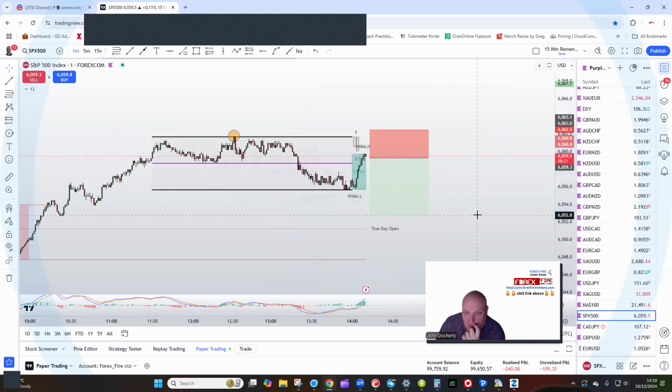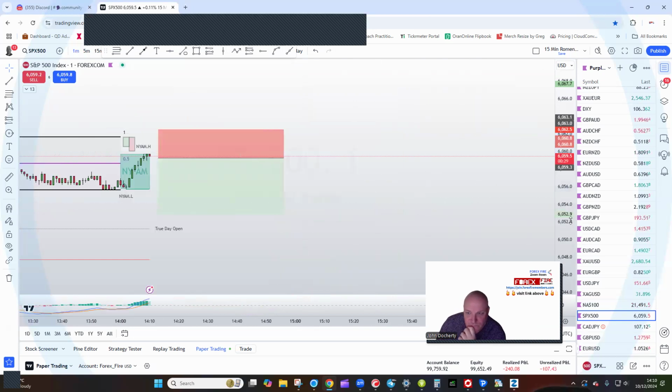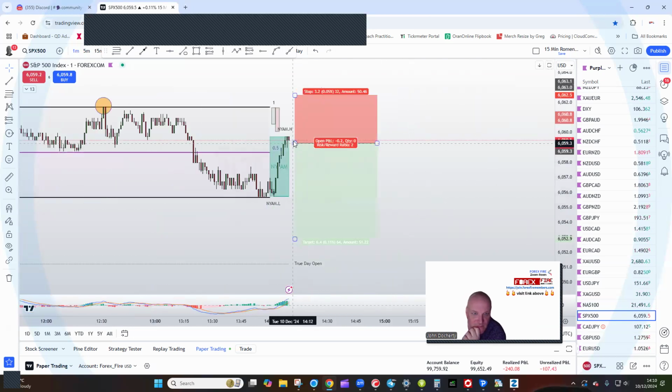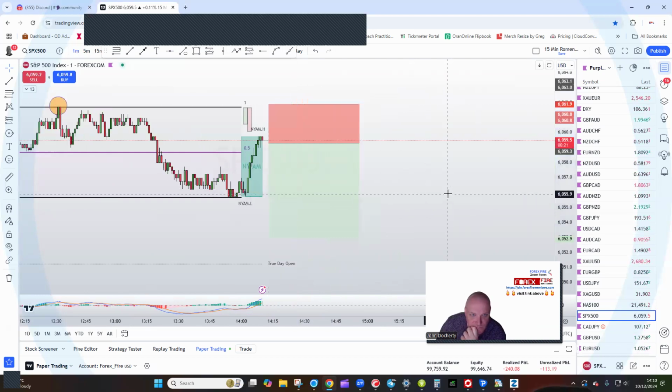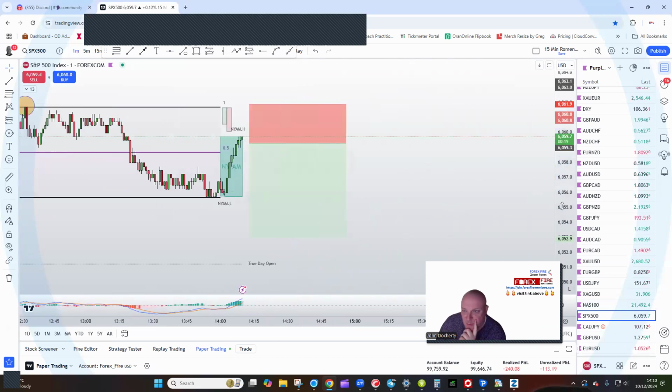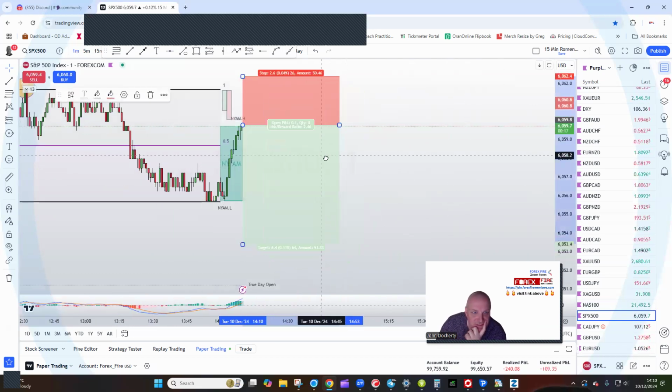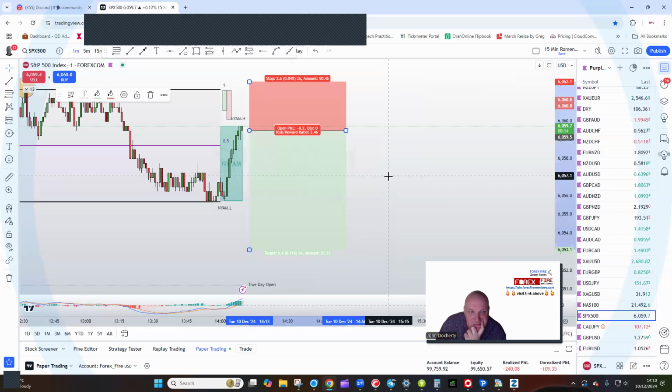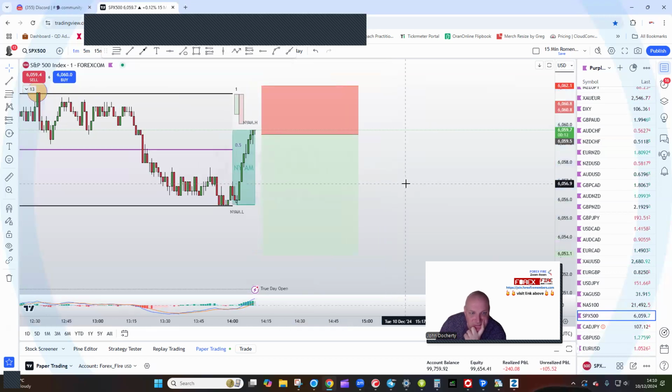Right, here we go. Bring this a bit further down. It's going to be bullish again, isn't it? We need it to be a bearish candle.